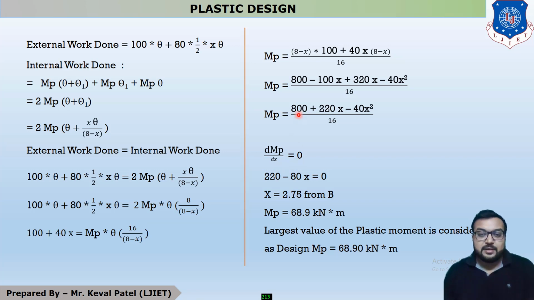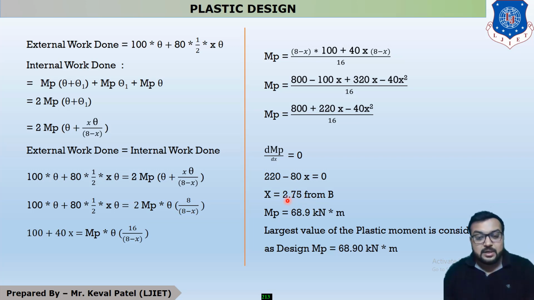Now, 800 is constant, so the derivative of 800 is 0. The derivative of 220x is 220, minus the derivative of 40x square, which is 80x. So your final answer for x is equal to 2.75. This is the distance from B point.